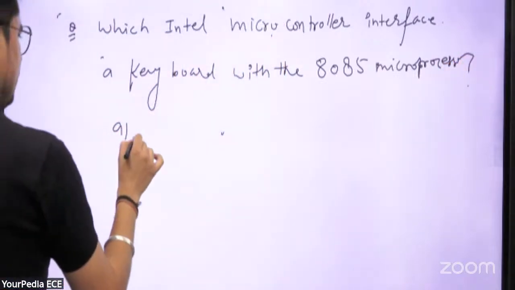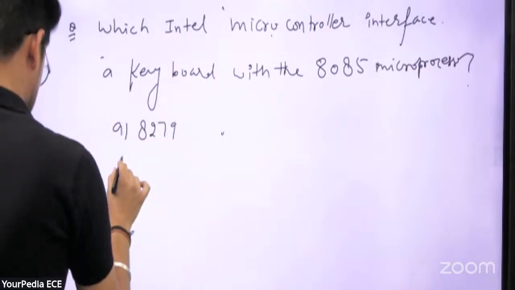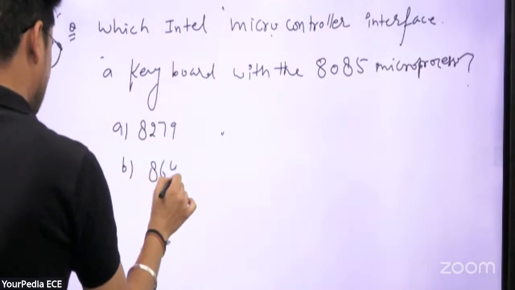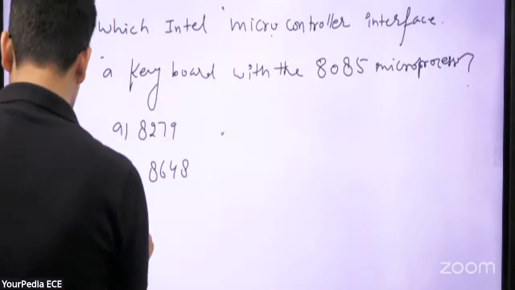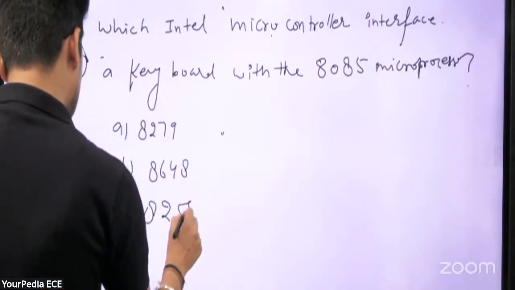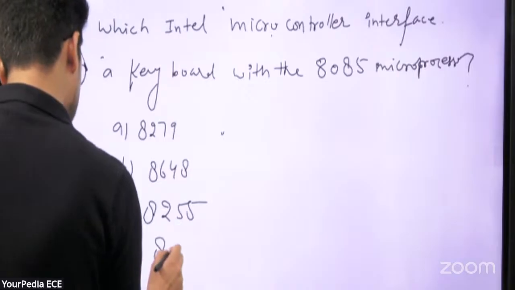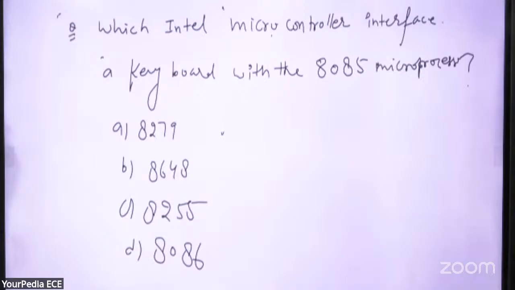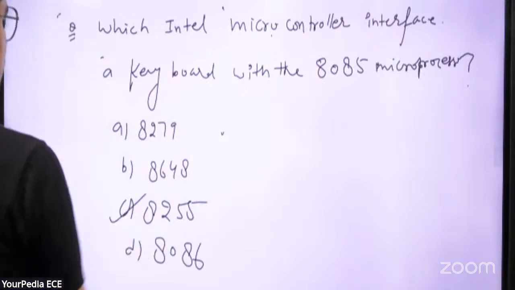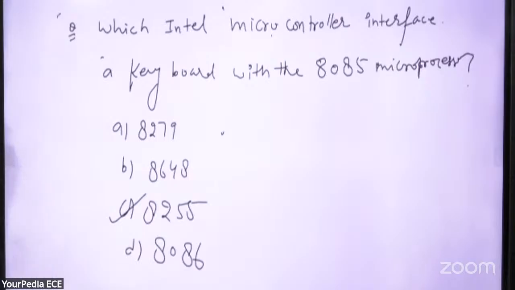The options are 8279, 8648, I don't know the correct options, which I'm getting from the student. The third option is 8255 and D option is 8086, something like that. So whenever you are interfacing a keyboard with 8085, we require the 8255, right? 8255.